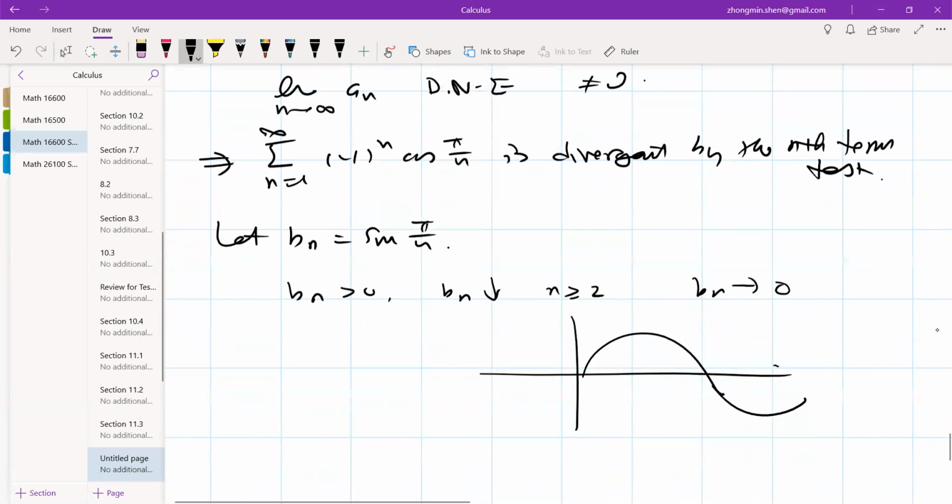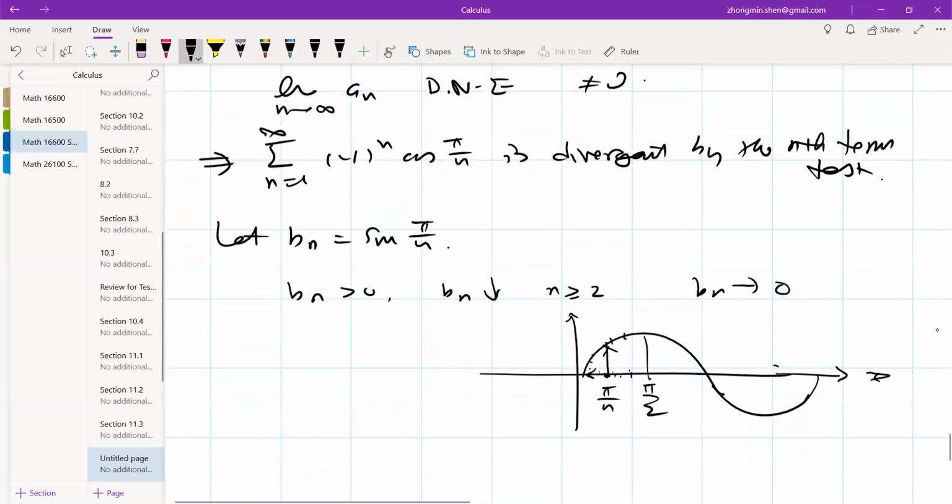This is a sine curve, and this is pi over 2. So when this is pi over n, right? And clearly, when n is increasing, the corresponding sine value decreases too. Okay, that's obvious.